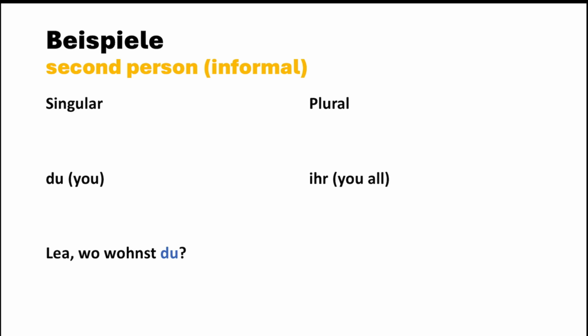Ihr would be speaking to multiple people. For example, Lea, wo wohnst du? Lea, where do you live? One person. Lea und Max, wo wohnt ihr? Lea and Max, where do you live? Two people.